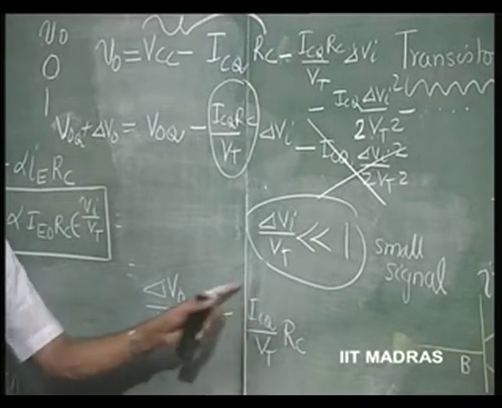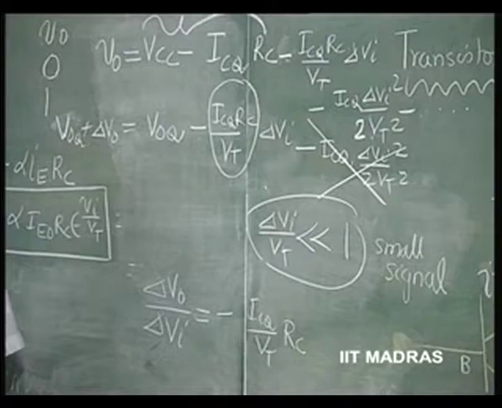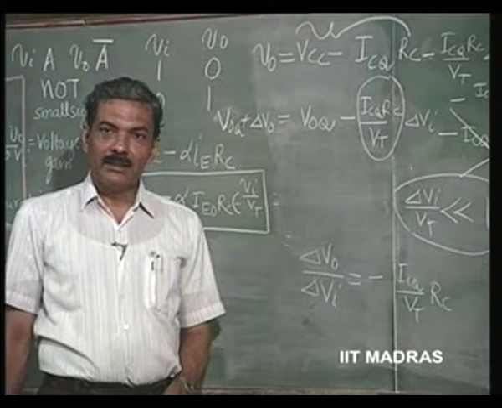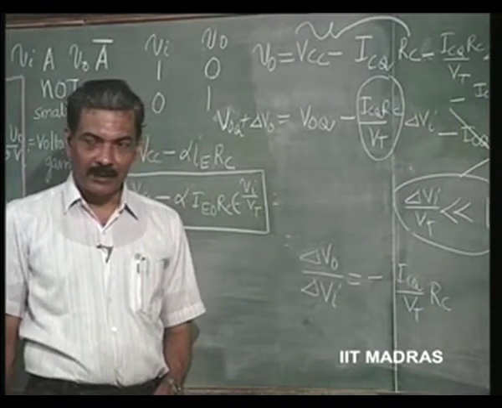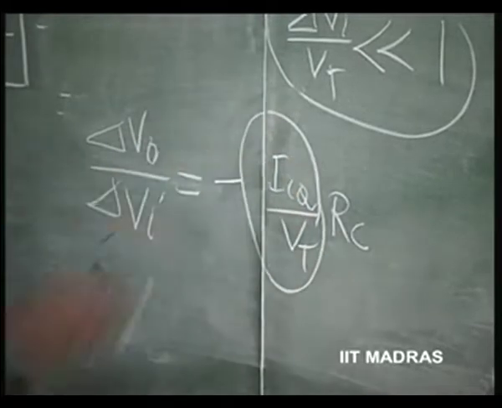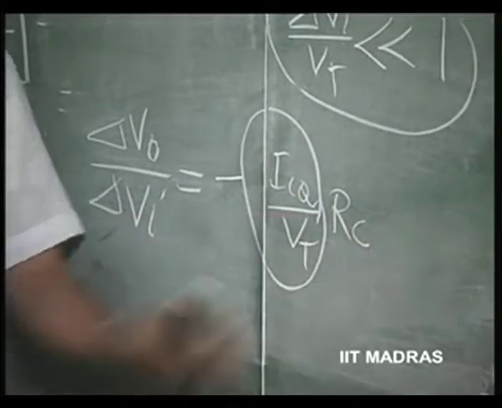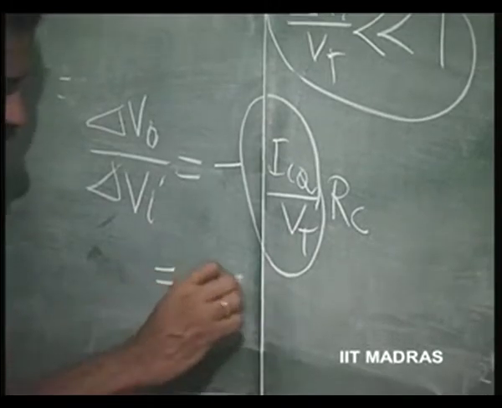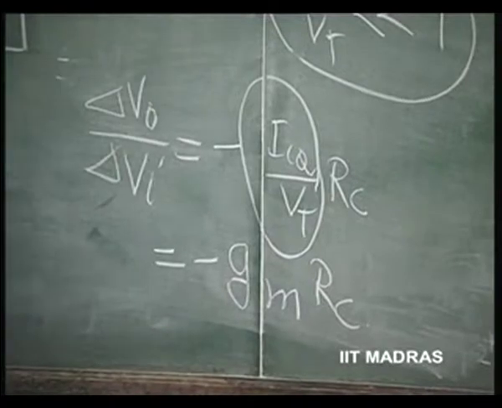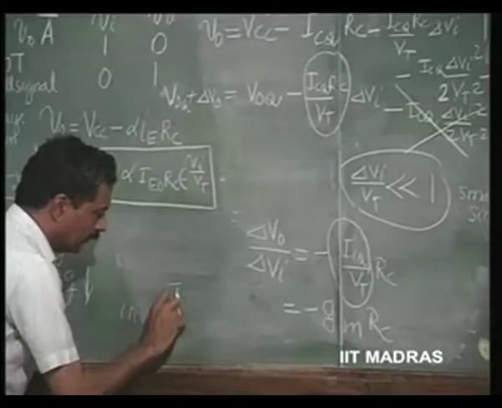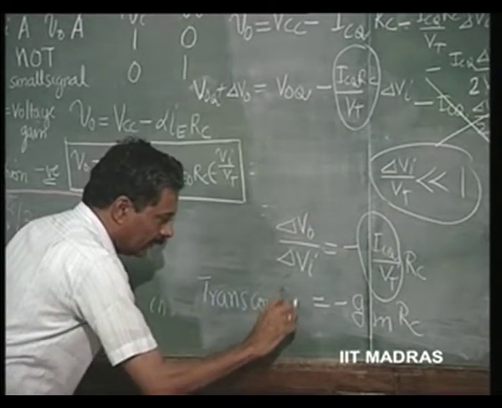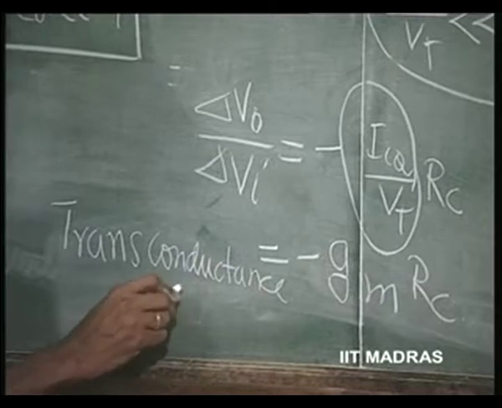This factor ICQ by VT is characteristic of the transistor amplifier, and that I by V is called the transconductance of the amplifier. So, this ICQ by VT, which is characteristic of the amplifier, with RC being the load that you are connecting, is nothing but GM, or the transconductance of the bipolar transistor amplifier, which is GM.